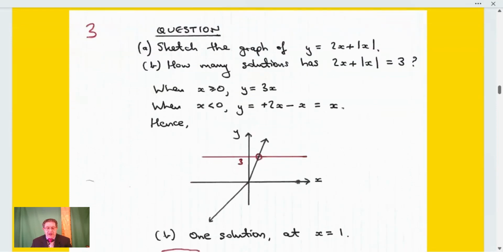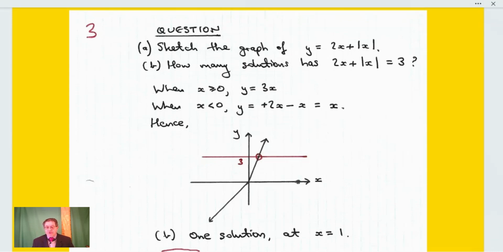My third question before we look at some exam questions will illustrate another common mistake. So part A, sketch the graph of y equals 2x plus mod x. We are mixing up here mod x and the raw x value.